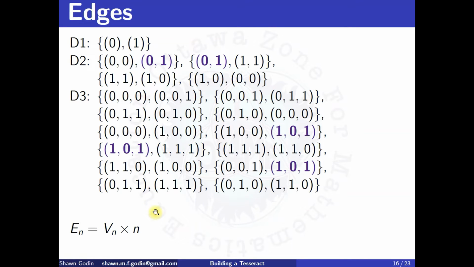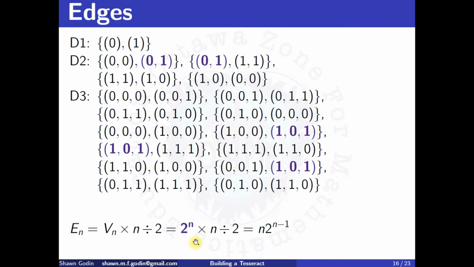Now, we've got to be careful, because 1, 0, 1 is connected to 1, 0, 0, but 1, 0, 0 is also connected back to 1, 0, 1. So if I do this, I'm actually counting each edge twice, once for each endpoint. So to correct that, I have to divide by 2.